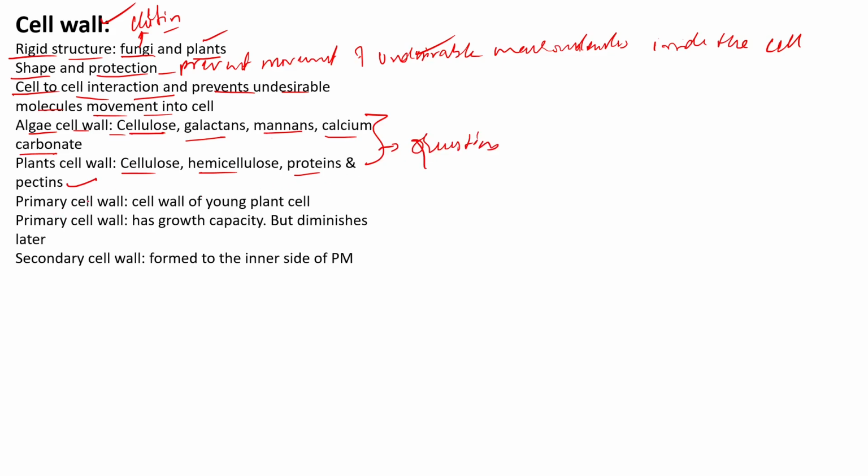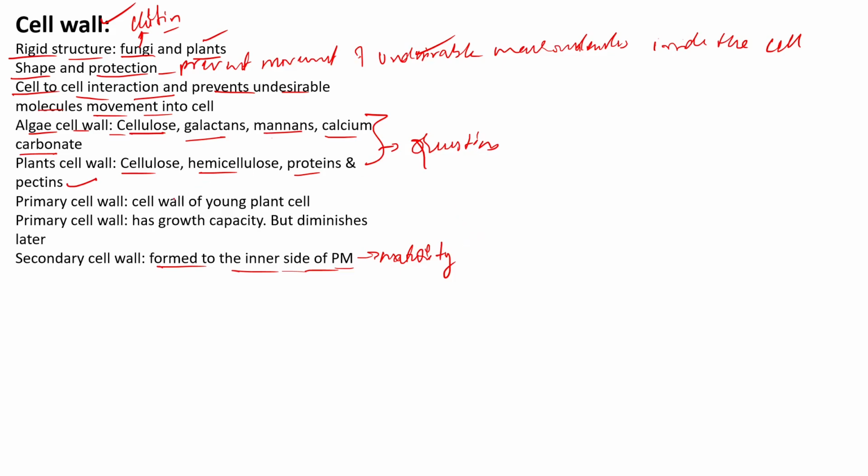So here in the case of cell wall, you mainly find two types of cell wall, that is the primary cell wall and secondary cell wall. The secondary cell wall is mainly formed on the inner side of the plasma membrane, and it is mainly associated with maturity. As the plant cell starts to grow and achieves maturation, then only you see the formation of secondary cell wall.